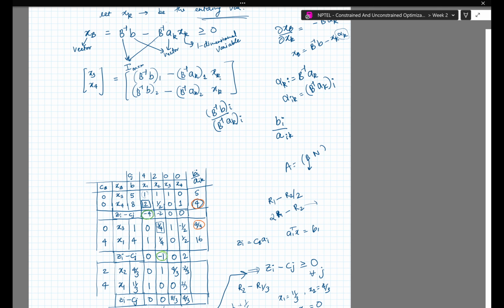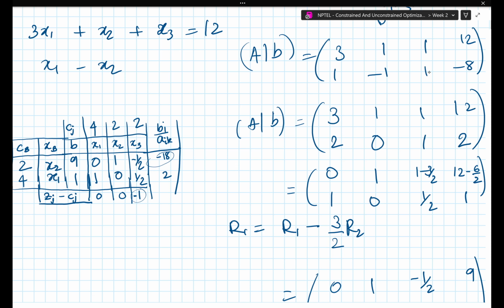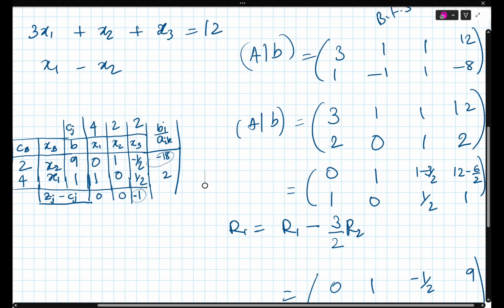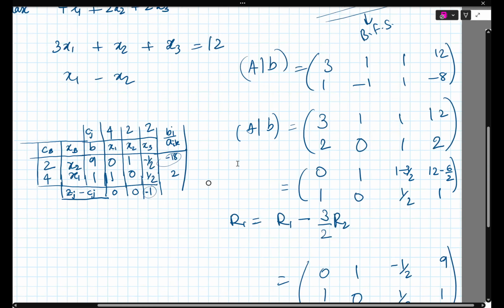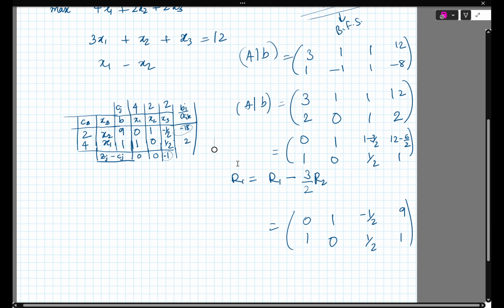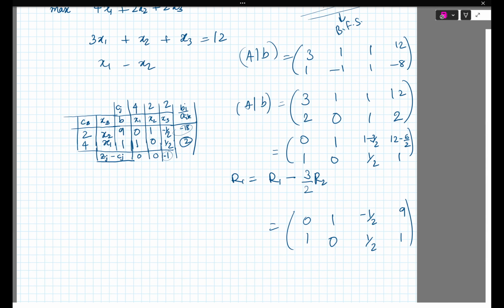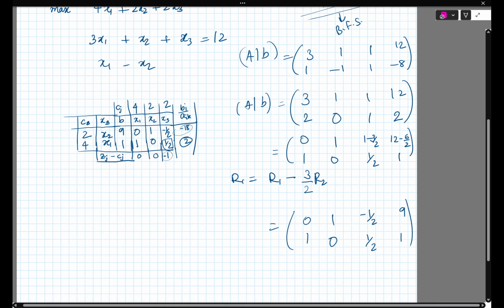Basically, if I increase this, then the basic variable value, instead of decreasing, will start increasing. But we want the basic variable value to go to 0. Otherwise, it may become unbounded. So if our calculation is correct, then we should be pivoting on this, right?